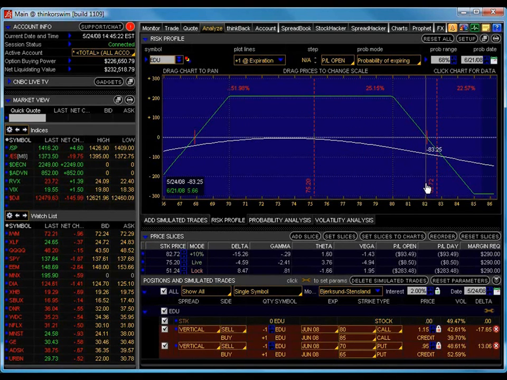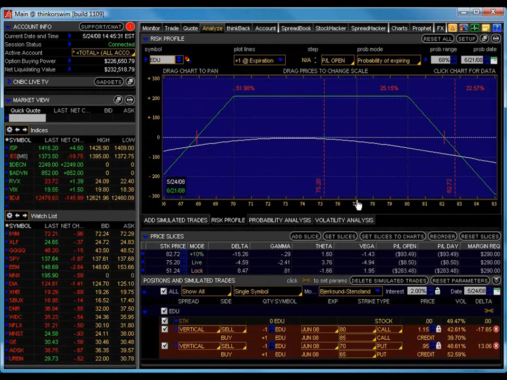This gives us a little bit wider profit potential and break even points at 82 and about 67 or 68. So a lot of professionals would prefer this as a potential trade.